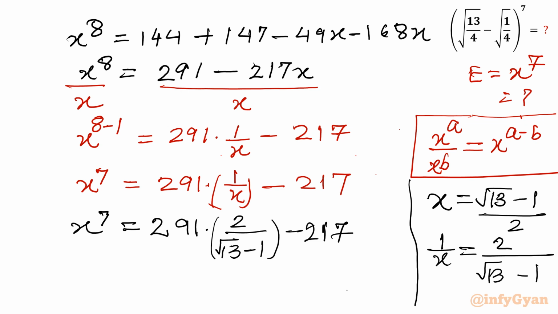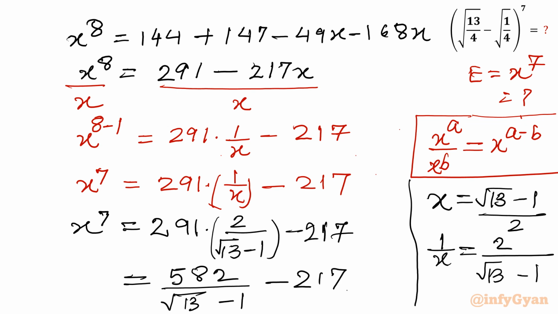Now you can see the denominator we have got is root 13 minus 1. I will rationalize the denominator, but before that we can take the product of 291 times 2, so it will become 582 divided by root 13 minus 1, minus 217.